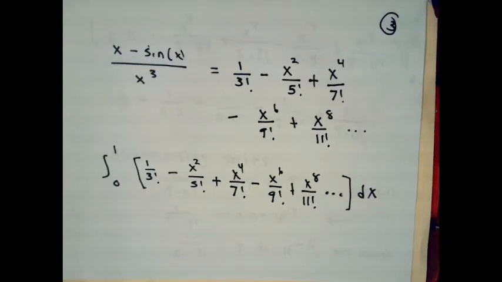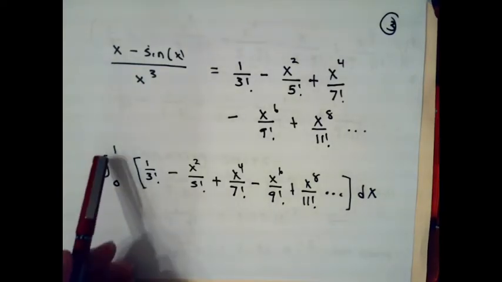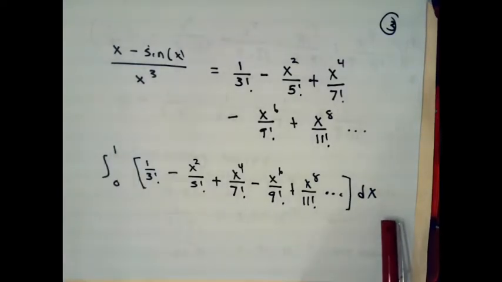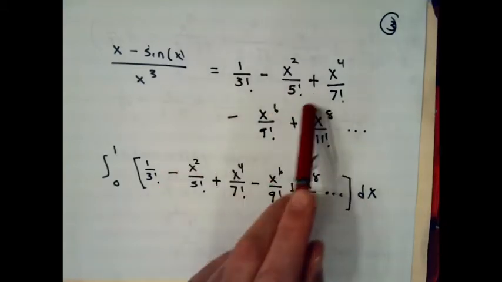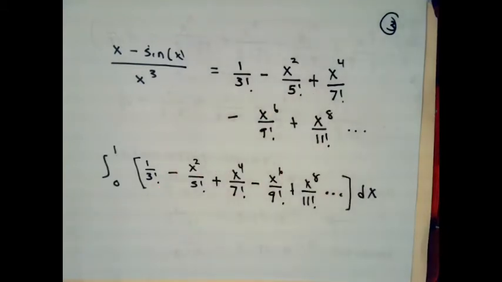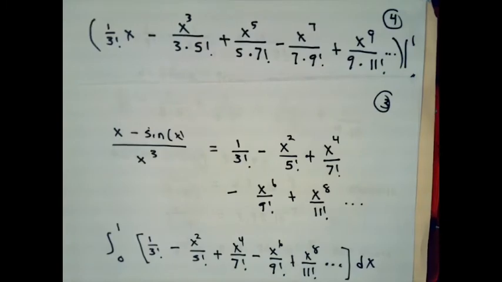The integral that we want to do then is the integral from 0 to 1 with respect to x of (x minus sine x) over x cubed. Notice that we do have a problem at x equals 0, but as with some examples we've looked at previously, there's a removable discontinuity. I'm going to pretend that there isn't even an issue. We'll integrate one term at a time.